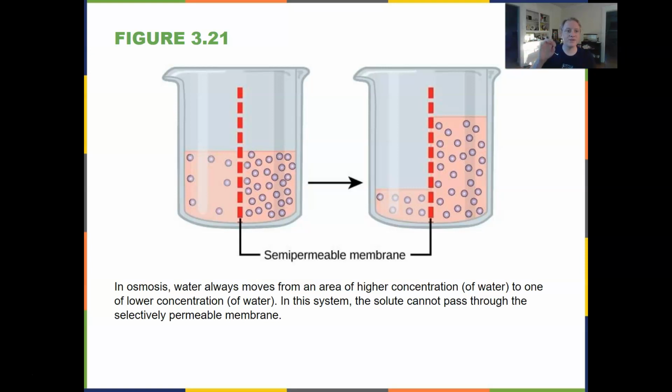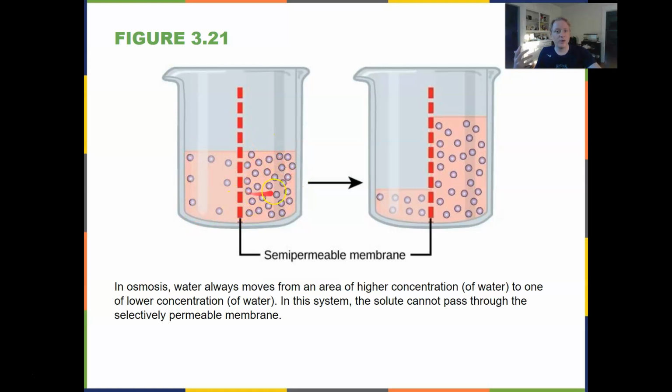Solute is something that is dissolved in water. So here we have a semi-permeable membrane, and the lipid bilayer of all your cells is a semi-permeable membrane, meaning that some things can get through it and some things cannot. This semi-permeable membrane is here, and we have some solute particles, whatever these happen to be.